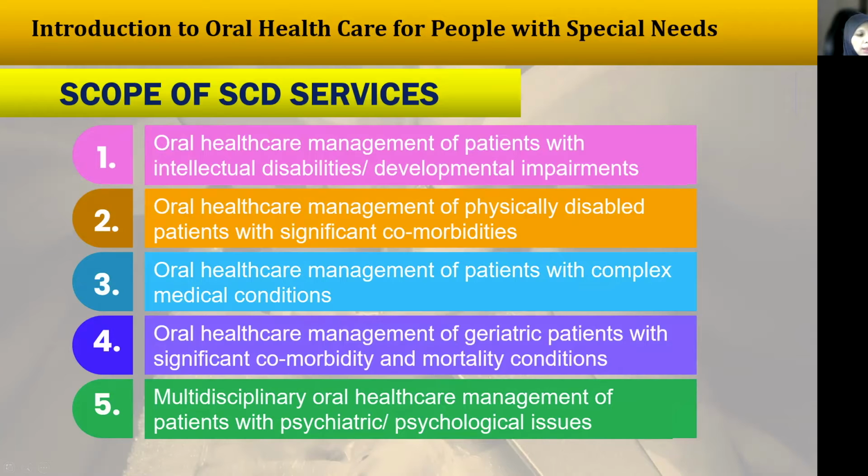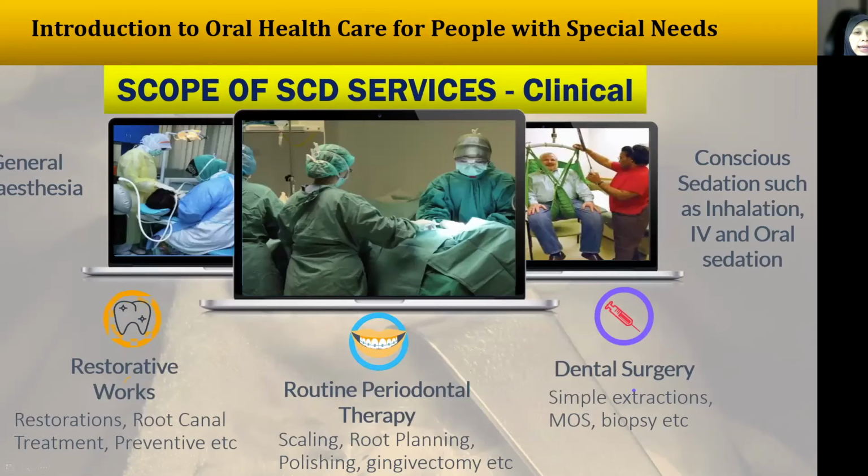For other patients with medical problems, and especially geriatric patients, we usually do it together with our geriatricians. We discuss the treatment plan, and also with physiotherapists and occupational therapists, so that we can approach these patients holistically.